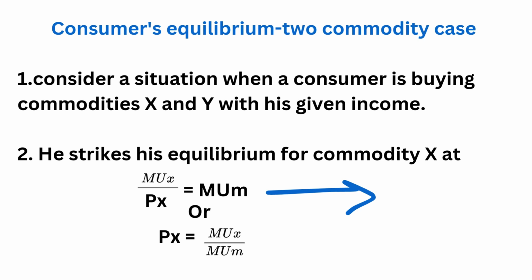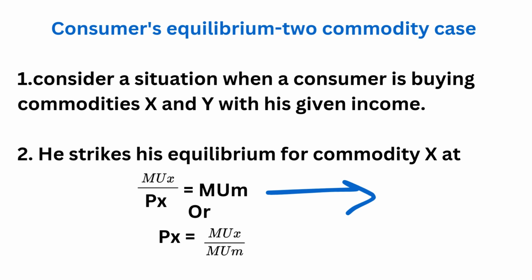At last, we will study consumer's equilibrium in the two commodity case. So, as the name suggests, here the consumer will purchase two commodities, and we will see how the consumer strikes equilibrium across these two commodities.